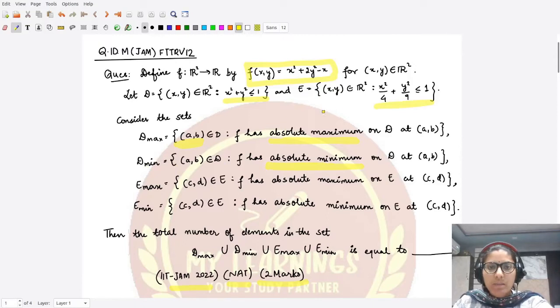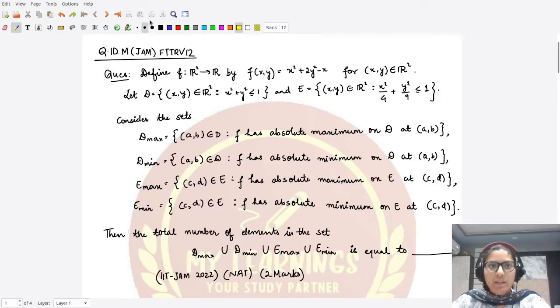Similarly for this region E, the points for which the function's value is maximum, that means we are getting absolute maximum, would lie in E max, and in E min we have absolute minimum in the region E. So they are saying, when you take the union of all of them, you again would have some set. They are asking what is the number of elements present in this particular set. So this is the question and we are required to solve it here.